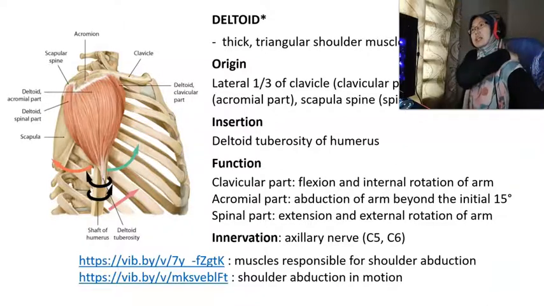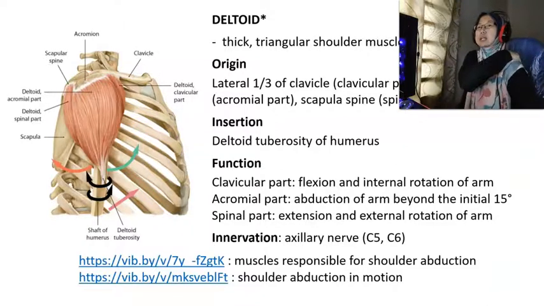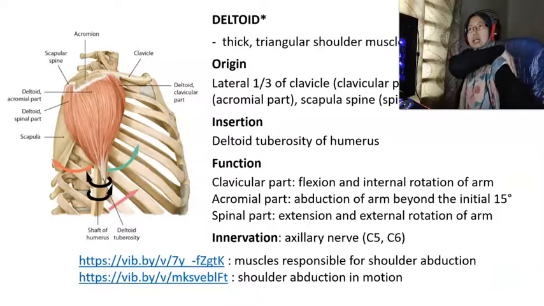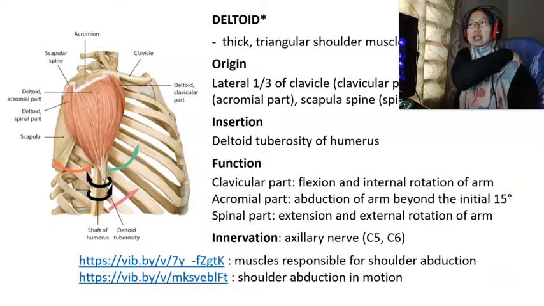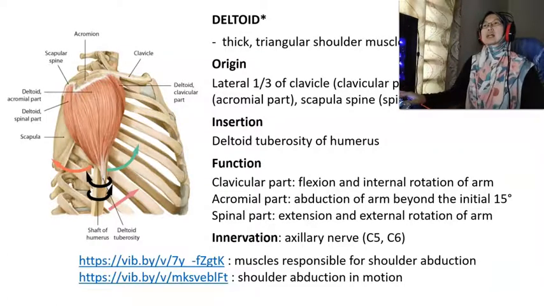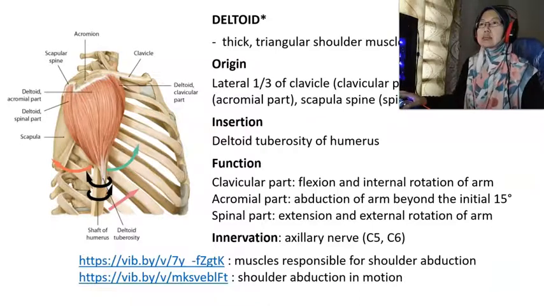And for the spinal part, the scapular spine part, it extends your arm and externally rotates it. And it is innervated by the axillary nerve.